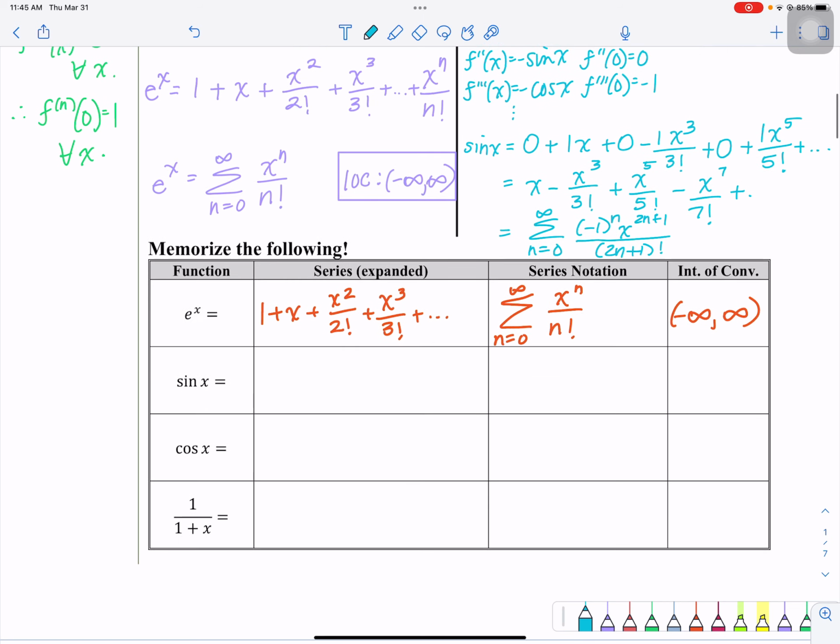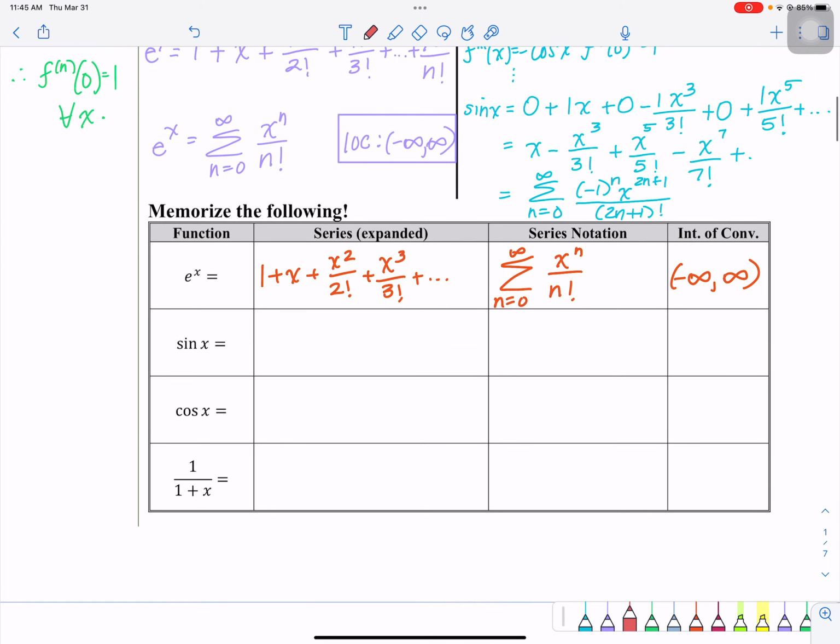So let's go ahead and fill in our table for that one. So for the sine of x, we have x minus x cubed over 3 factorial plus x to the 5th over 5 factorial minus x to the 7th over 7 factorial, and so forth. Okay, that series in sigma notation can be written sum from n equals 0 to infinity.